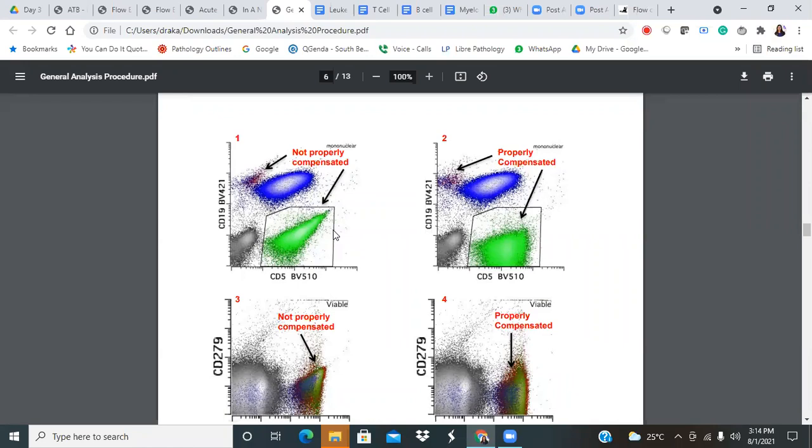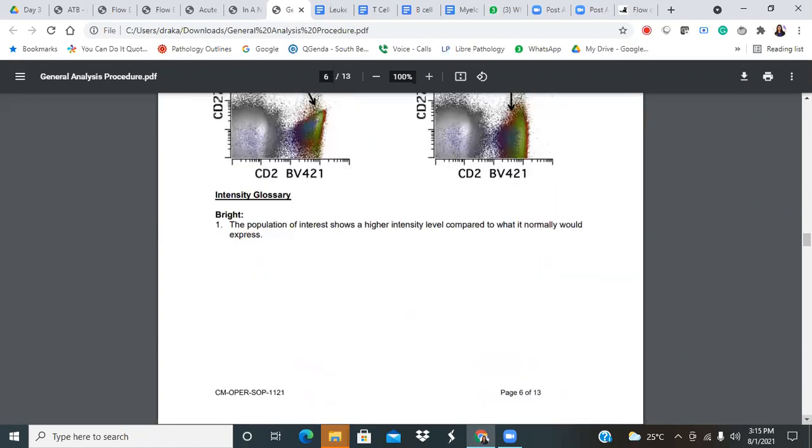Right. Usually all of this is done by the flow techs, as you say. And sometimes you'll come across those cases where you have these kind of triangular populations, and you have to play with the compensation here and there, keep on changing it. And then finally you get a population that you are satisfied with. So this is the only example I found about compensation.